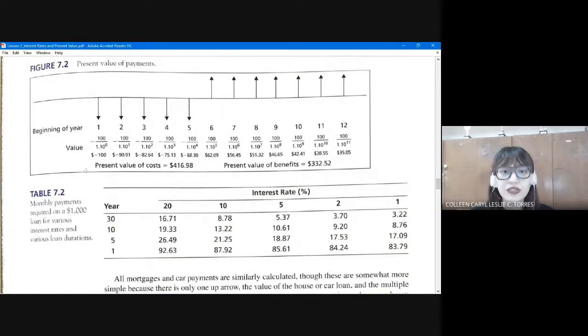Now, usually for investments such as life insurance policies, the increments will be indicated in the plan that will be sold to the client by the financial advisor. So these are the increments basically. This is for the first year, the second year.